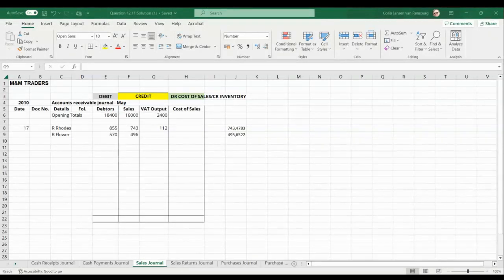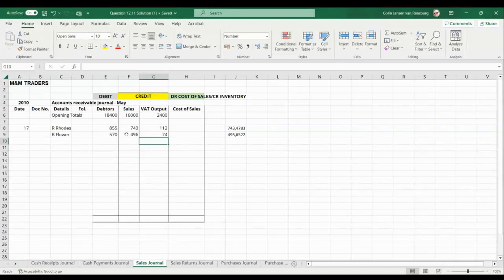Okay, so we are in agreement. So now we can just go and calculate our VAT output. That will be 570 minus 496, which is 74. Thank you, Connie, for helping me out there. 74 rands exactly.